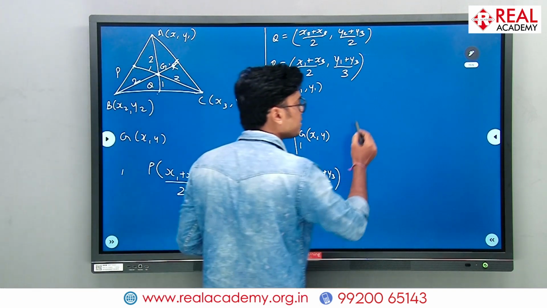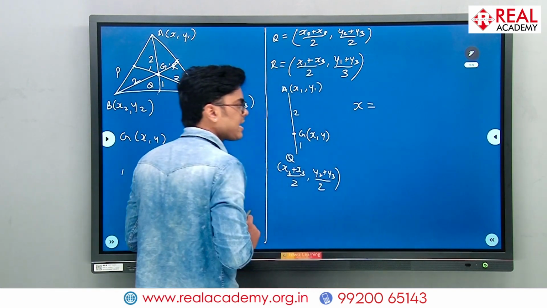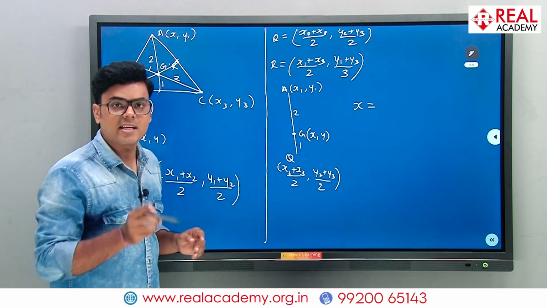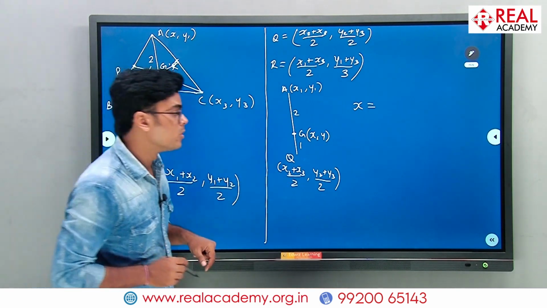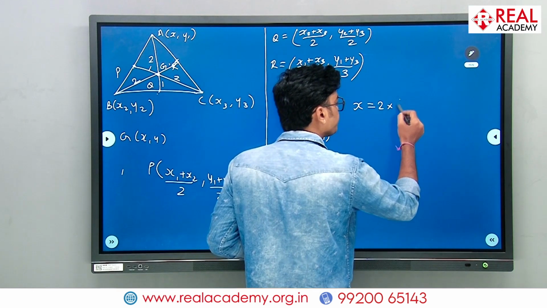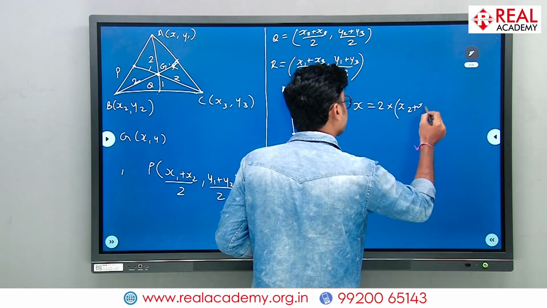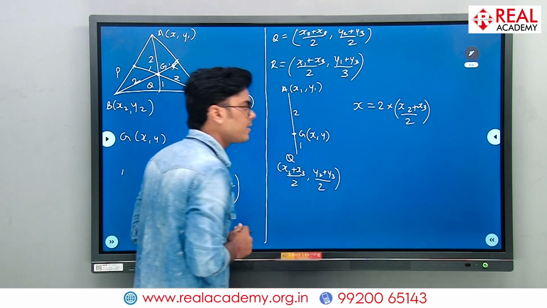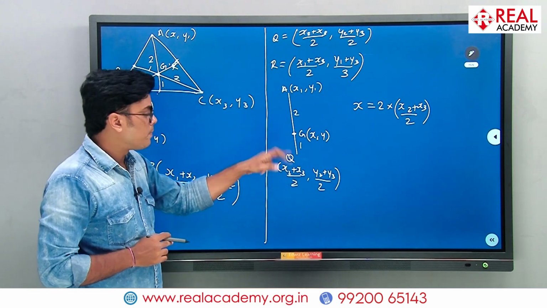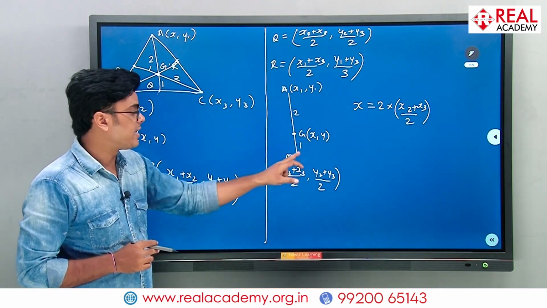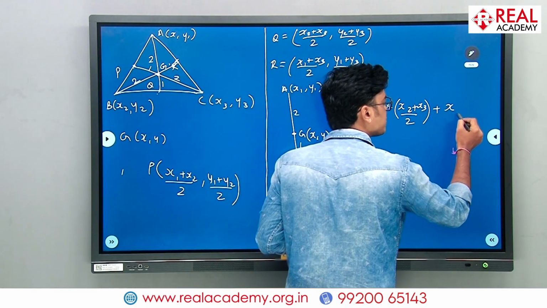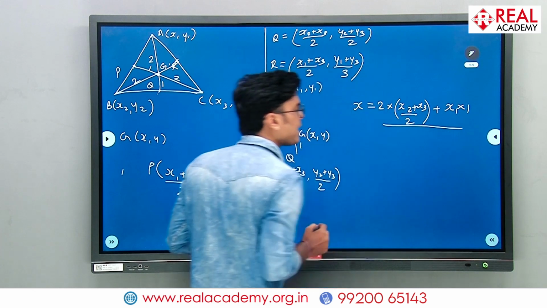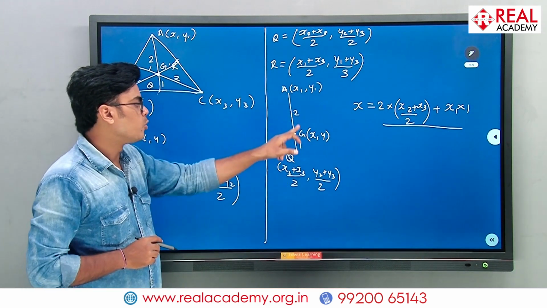What was the section formula? In the section formula, what is the value of x? mx2. That means 2 multiplied by the x coordinate of Q. So 2 multiplied by x2 plus x3 divided by 2. Correct? mx2 plus nx1. 1 multiplied by x1. So plus 1 multiplied by x1 divided by m plus n. 2 plus 1.